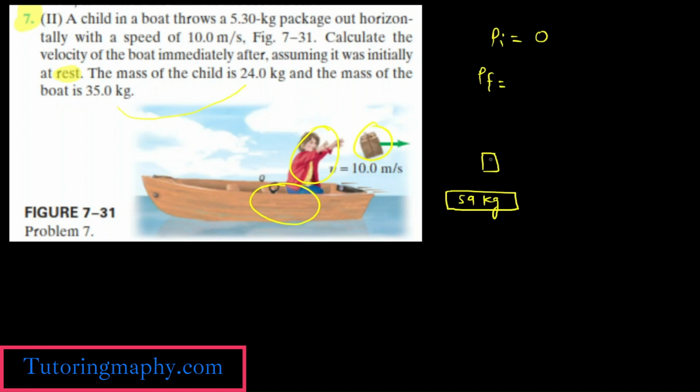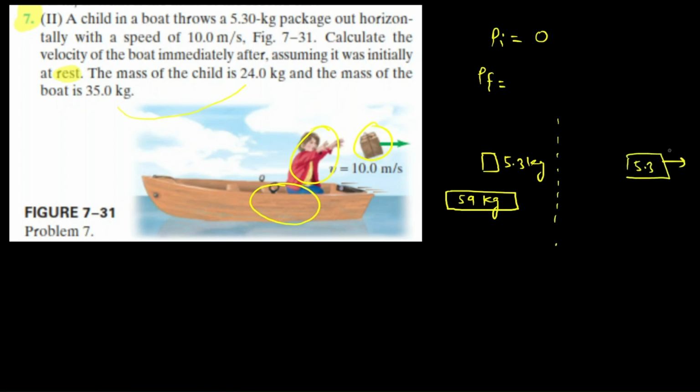And this is 5.3 kilograms, another object. Initially everything is at rest. Now the 5.3 kilogram package is thrown forward at 10 meters per second, and we need to find the speed of this 59 kilogram body, which is v. I know it will be in the left direction, but physics will tell me the sign.